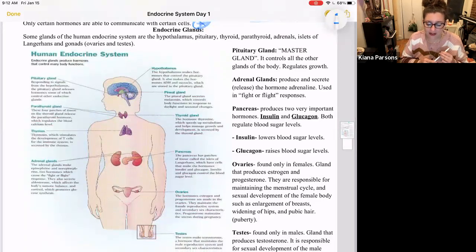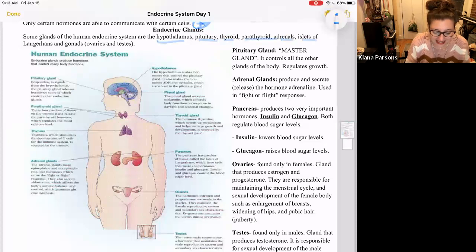So endocrine glands. Some glands of the human endocrine system are, and we're about to go through them specifically, the hypothalamus, the pituitary gland, thyroid, parathyroid, adrenals, and the islets of Langerhans and the gonads. The ones that you want to remember most are the pituitary glands, the adrenal glands, and you definitely want to recognize that term gonads is referring to ovaries and testes.